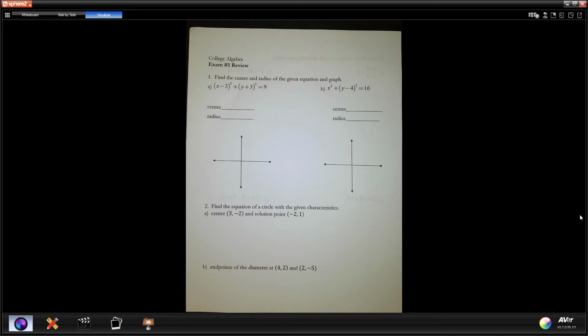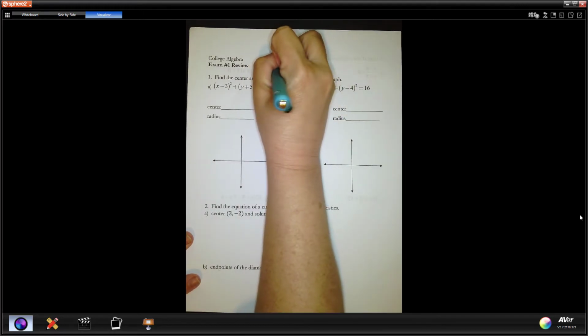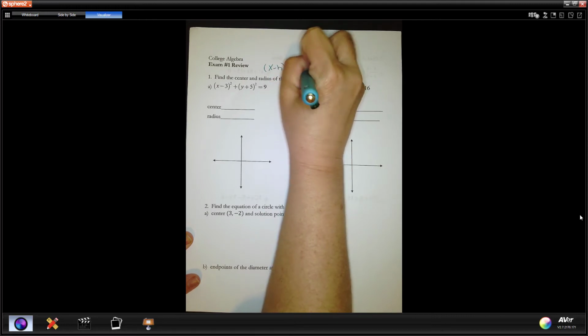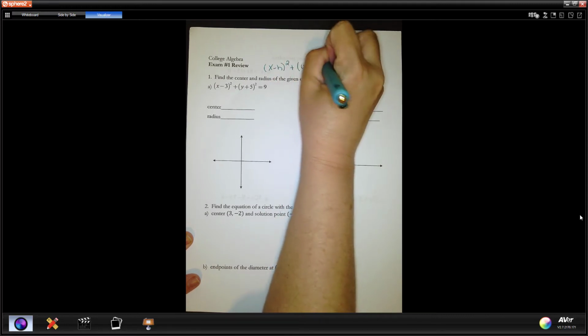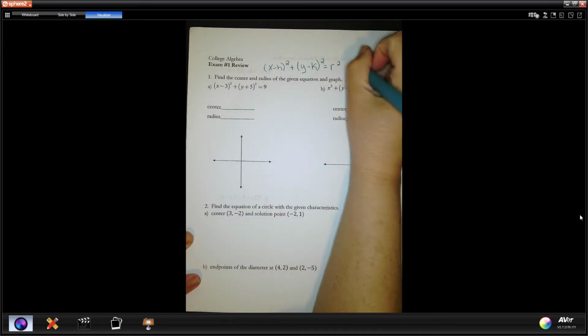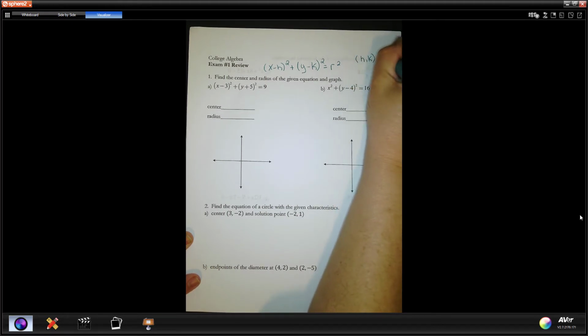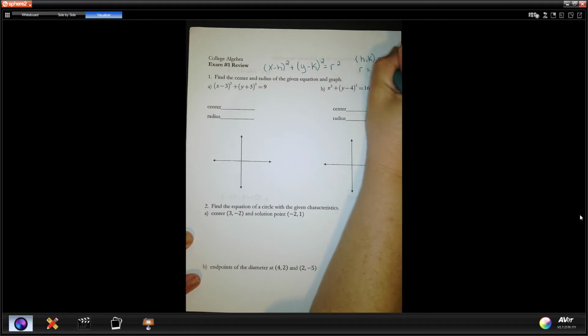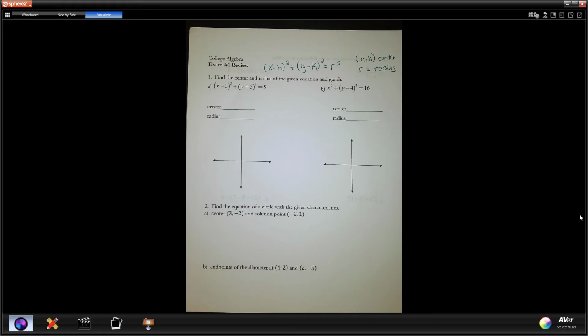The equation for a circle is (x minus h) squared plus (y minus k) squared equals r squared. Our h comma k is our center, and r equals the radius.